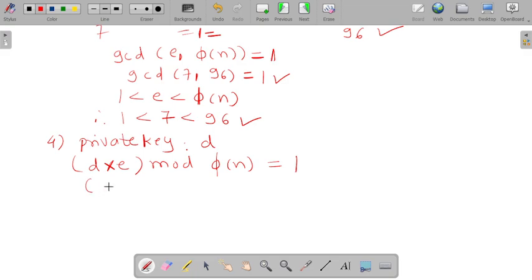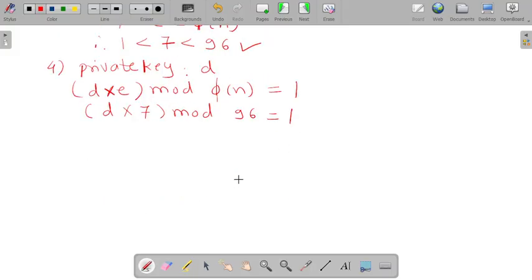So we are putting the values here: D into the value of E, that is 7, mod 96 is equal to 1. For this formula, we can calculate the value of D by using the method that is the extended Euclidean algorithm.